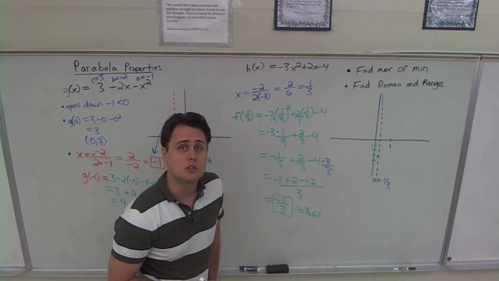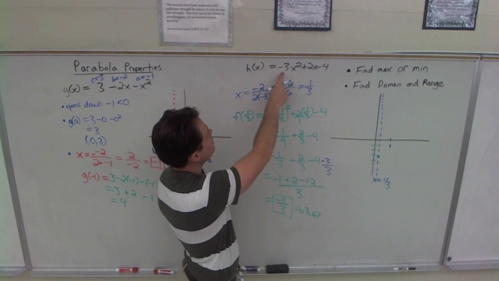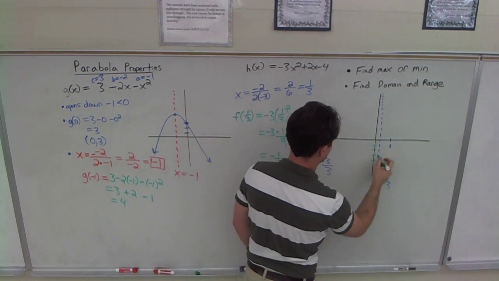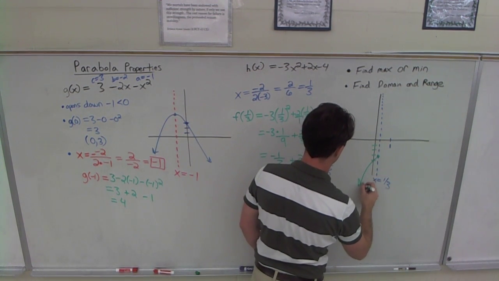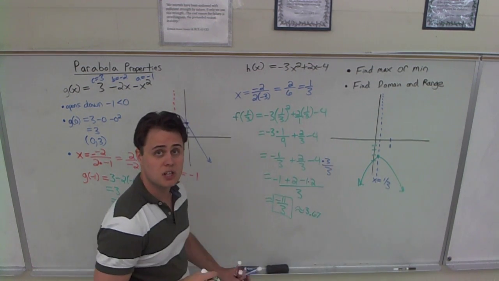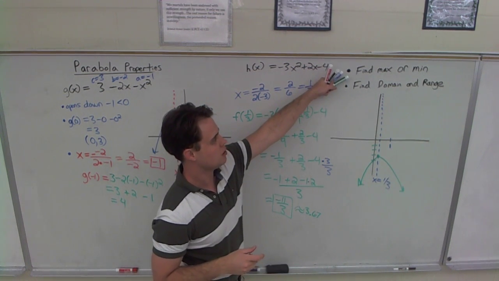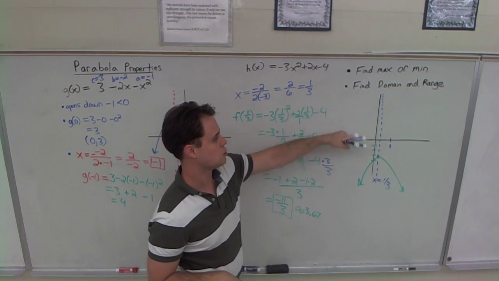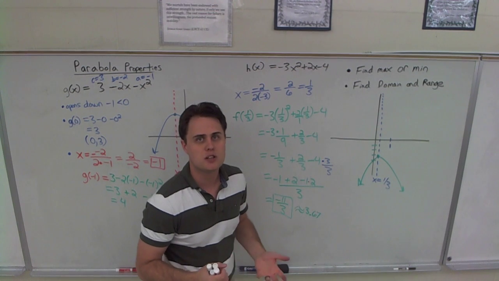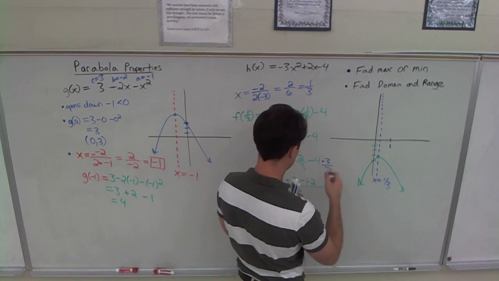Now you want to ask yourself, is it going up or down? A tells you that. That says down. So I'm going to be going down from there, something like this. And now I think with that picture, that little sketch, it's not a great picture, but it's good enough to answer the question. Max or min? And what is it? Domain and range. Well, look at that. Do you have a maximum y value or do you have a minimum? Well, clearly this is a maximum.